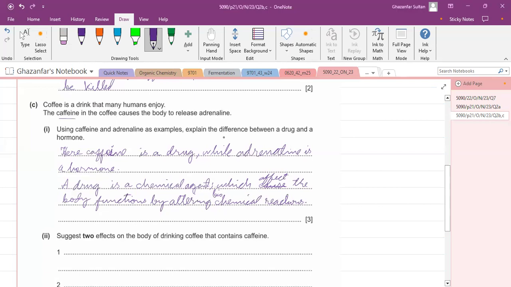Sometimes they cause the production of hormones, and hormones are produced in the endocrine glands. Sometimes drugs stimulate glands to produce hormone.